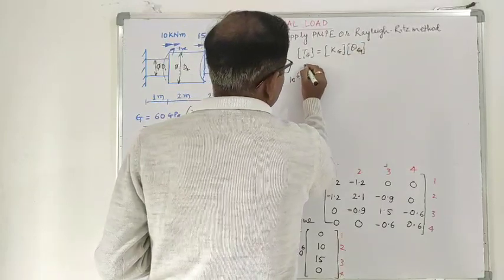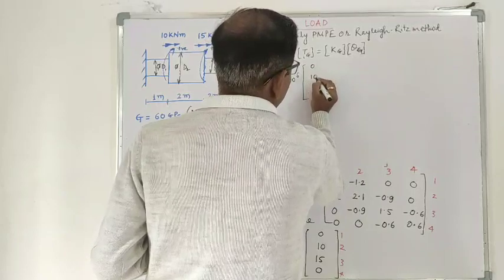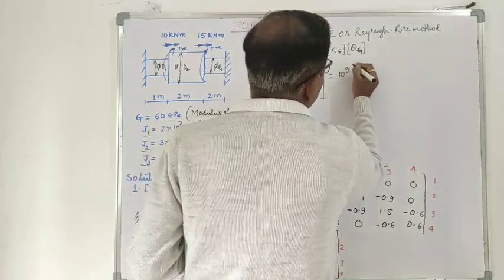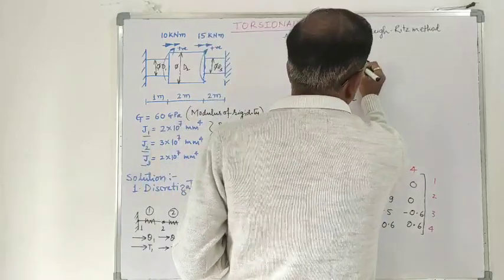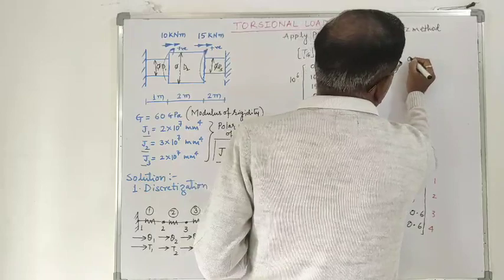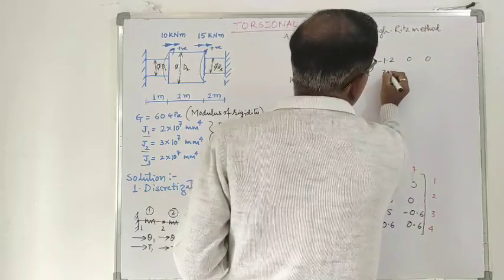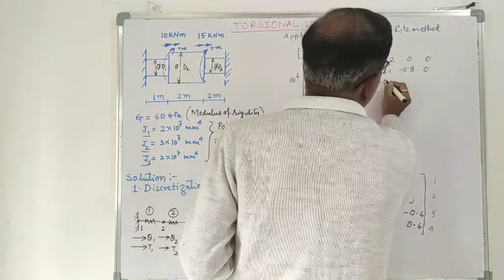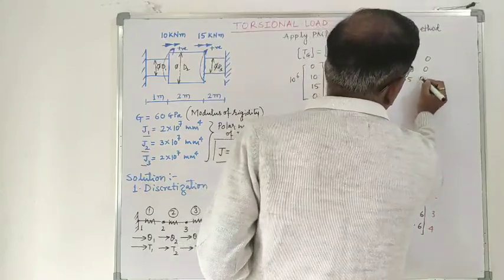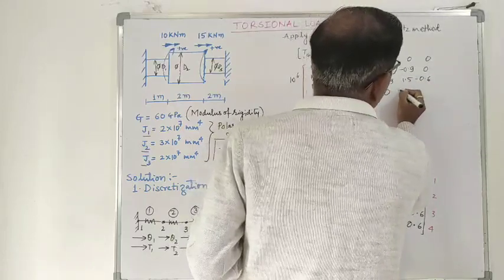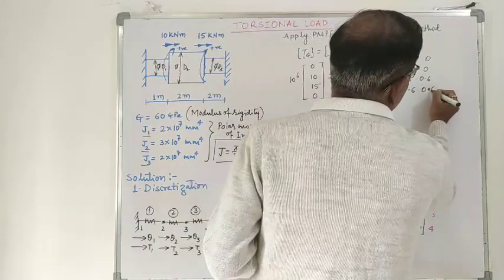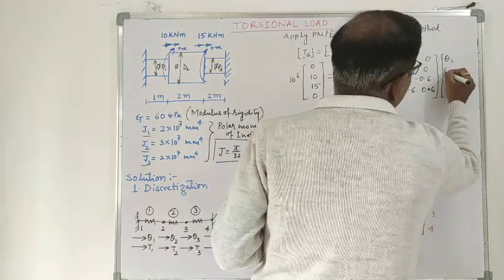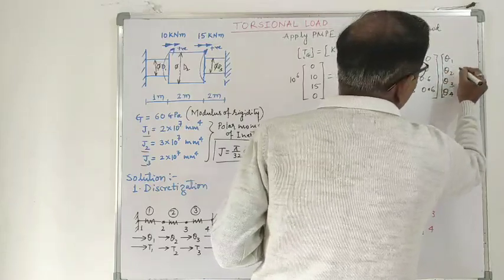So this is 10 to the power 6, inside the bracket is 0, 10, 15, 0, equal to 10 to the power 9 outside the bracket, inside the bracket is 1.2 minus 1.2, 0, 0, minus 1.2, 2.1, minus 0.9, 0, 0, minus 0.9, 1.5, minus 0.6, 0, 0, minus 0.6, 0.6, and the global angular displacement matrix theta 1, theta 2, theta 3, theta 4.